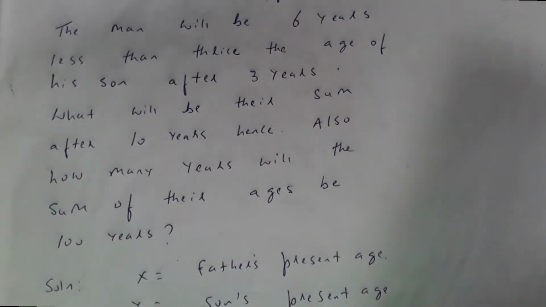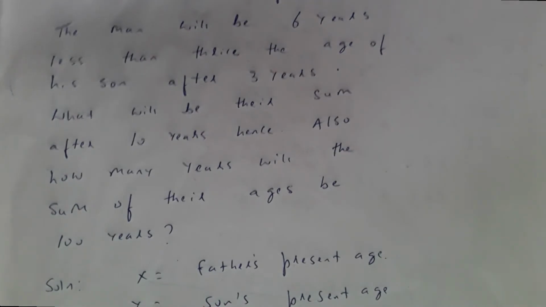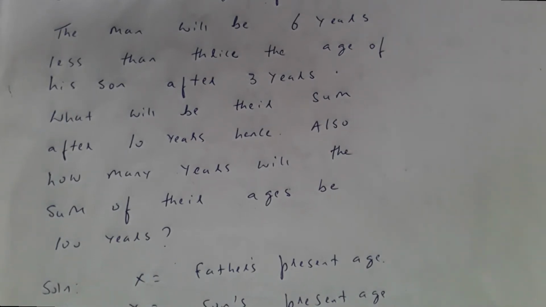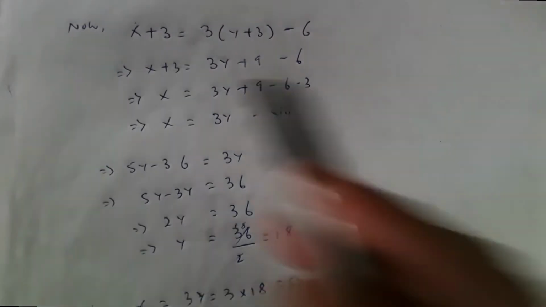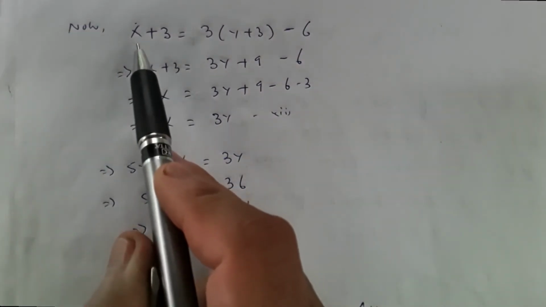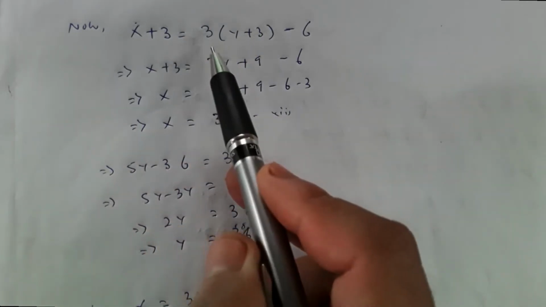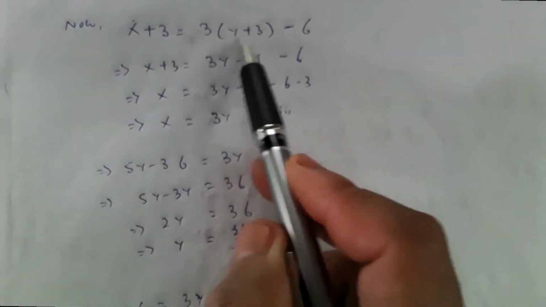Okay, another part of the question: the man will be 6 years less, which means minus 6, than thrice the age of his son after 3 years. So after 3 years, the age of the father is x plus 3, and the age of the son after 3 years is y plus 3.